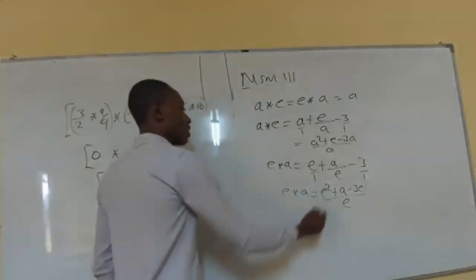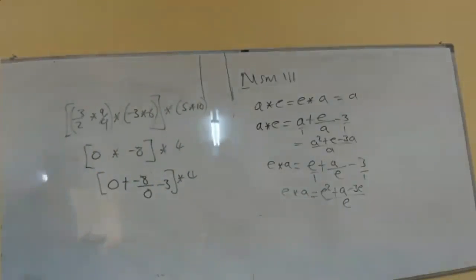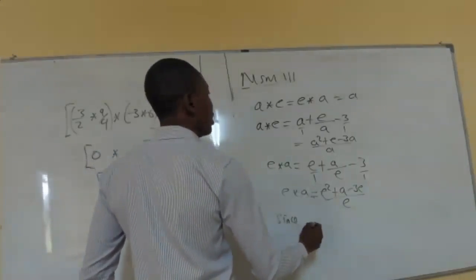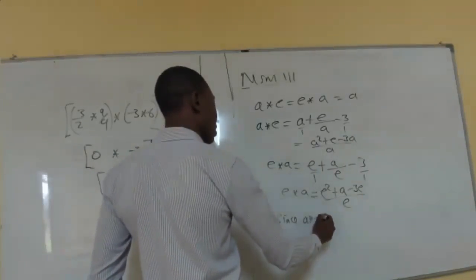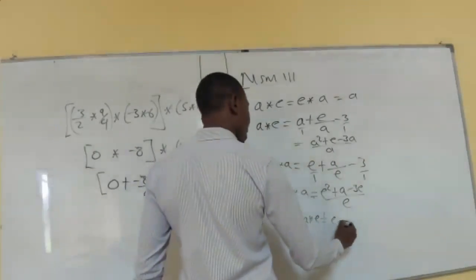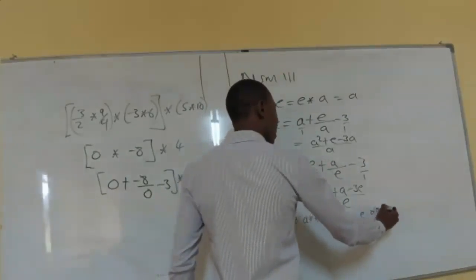But what do you notice? You notice that A star E is not equal to E star A, meaning that the identity does not exist. So we're saying, since A star E is not equal to E star A, E does not exist.